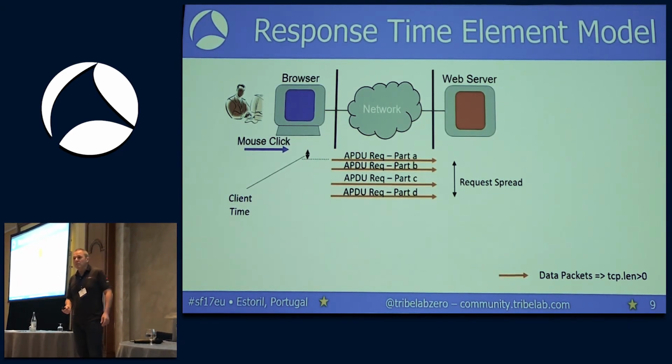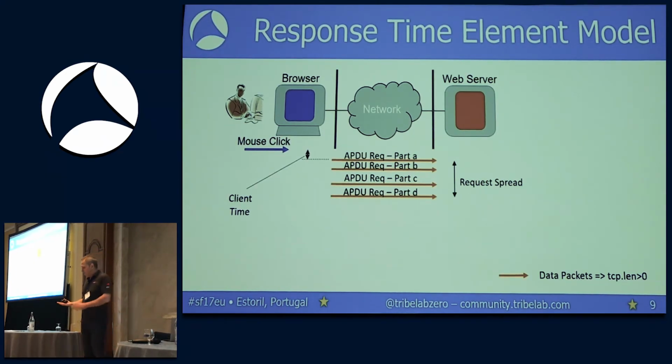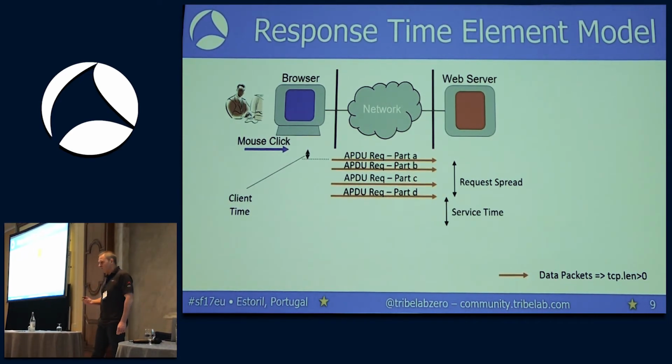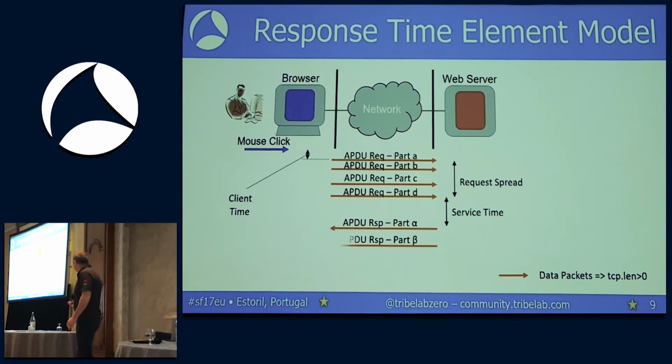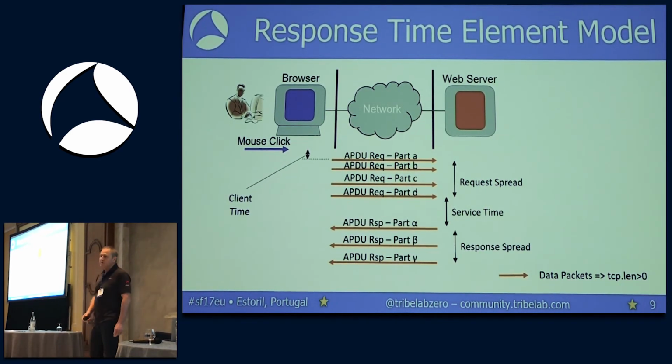The things that impact request spread are, as I said before, latency, TCP retransmissions, window sizes, all of those sorts of things. They're all going to impact request spread. Then we get some service time, and then we get the same thing in the other direction, and this time we're going to call it response spread.